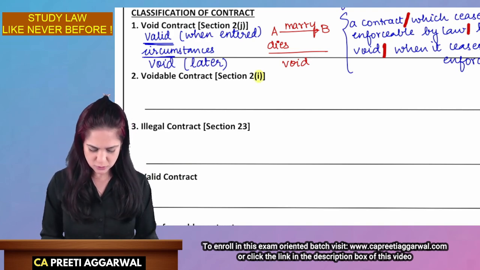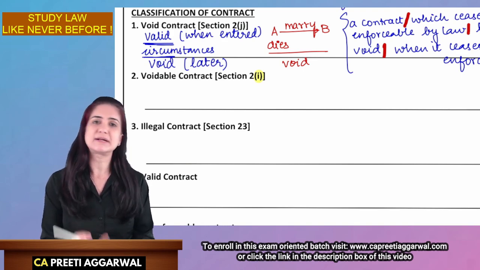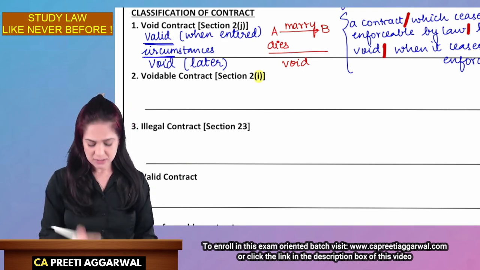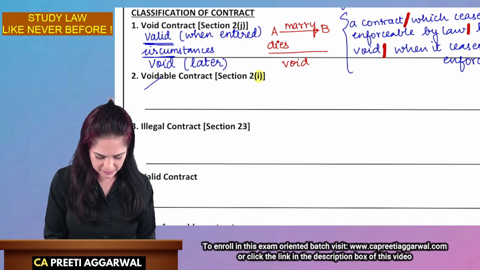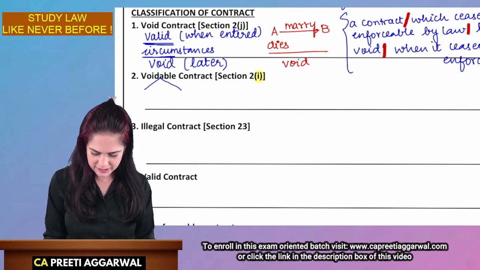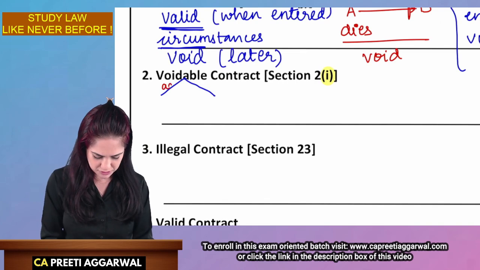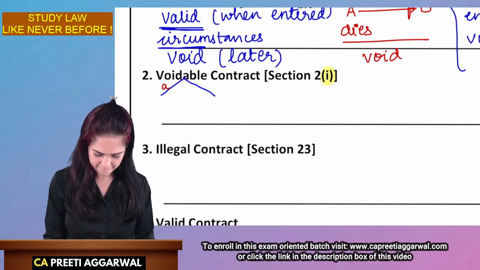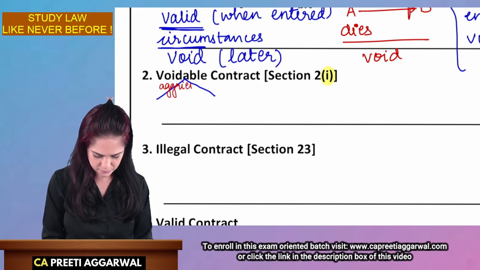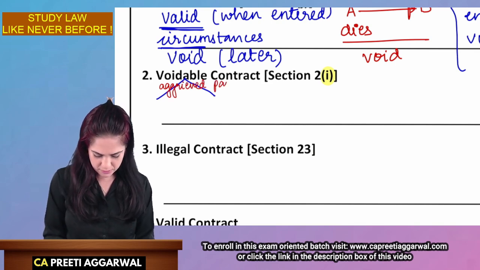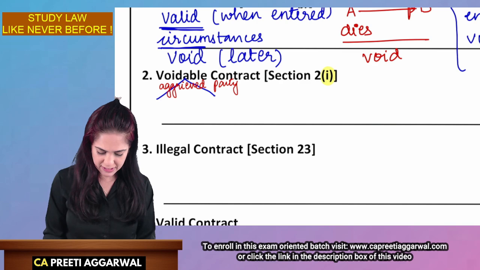Voidable contracts are those contracts in which the aggrieved party has two options. Okay, let me write down over here. Voidable means the aggrieved party. Okay, only and only the aggrieved party has two options. The aggrieved party has two options.